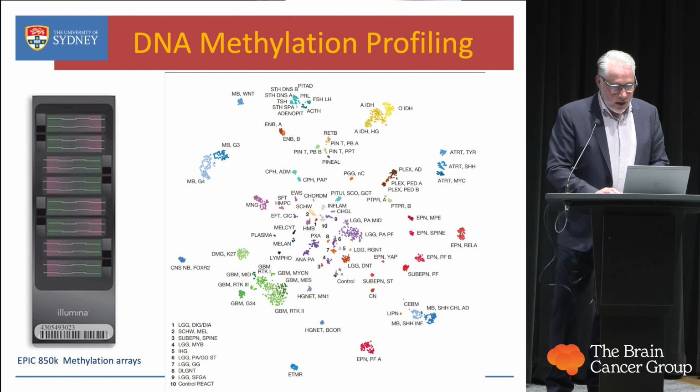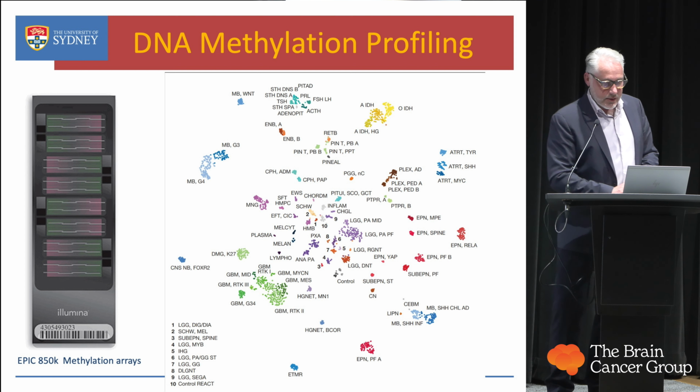And a collaboration of a large number of German institutions has done this array testing on several thousand different brain tumours and found that there are very distinct clusters, and you see all these dots over here on the right-hand side. These are all distinct clusters of methylation patterns.